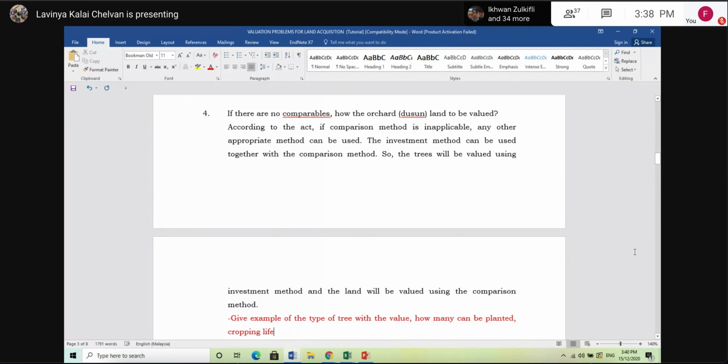After we get the price, we measure the yields of the dusun land, like 1 acre can produce how many tons or how many quantity. And then after that, we subtract the cost of production or the maintenance.